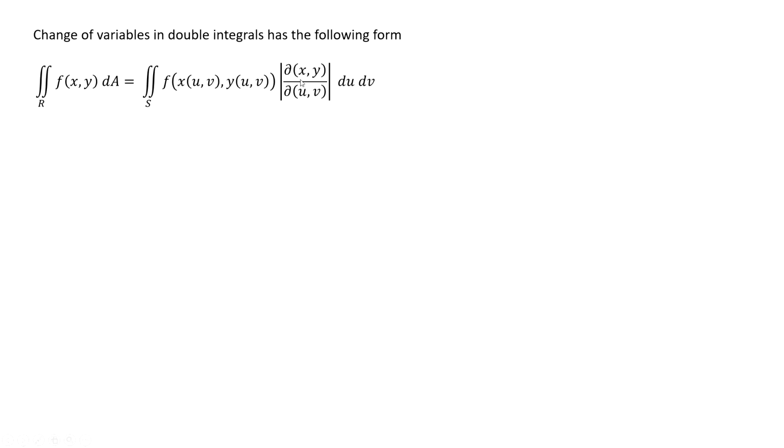So this is what is called the Jacobian. And also, instead of a dx dy, we will obviously have a du dv.